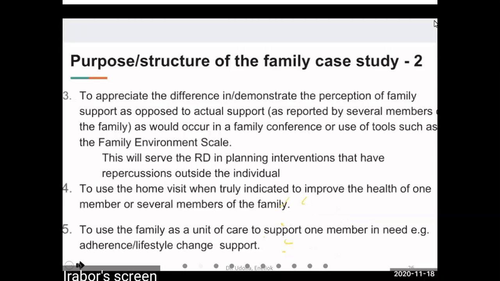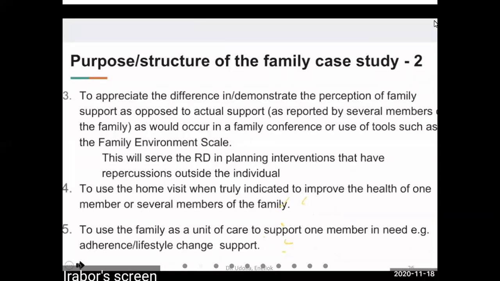This will help you in planning interventions that are outside the patient. So external people that will be able to help this patient to recover. And also to use home visits when truly indicated. Not every time that there has to be a home visit.